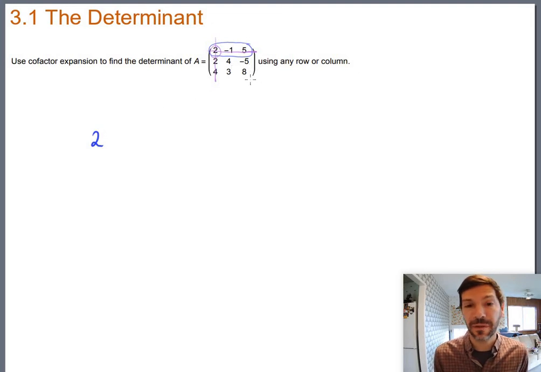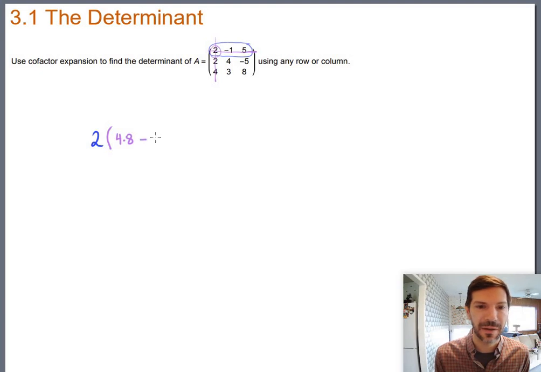And of course what's left is a 2 by 2. We already know how to find the determinant of a 2 by 2. It's AD minus BC: 4 times 8 minus 3 times -5. So that would be 4 times 8 minus 3 times -5.